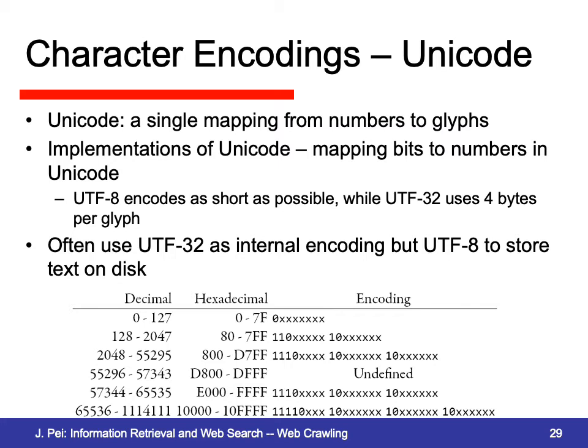For example, here you can see for decimal numbers between 0 and 128, they are encoded into the 8 digits here, with the first digit as 0, and then 128 to 2047 with 2 bytes. The first byte will start with 110, and the second byte will start with 10, and so on.